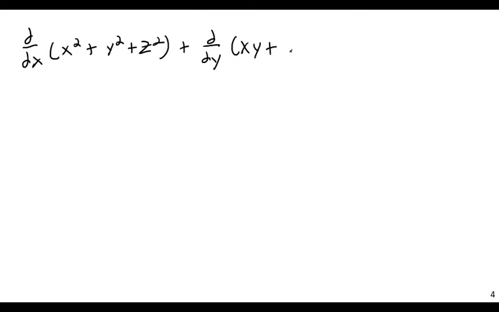So in other words, if I substitute these terms in, the partial with respect to x of my x equation, which was x squared plus y squared plus z squared, plus the partial with respect to y of xy plus yz plus z, plus the partial of w with respect to z, well, all of this must be equal to 0.